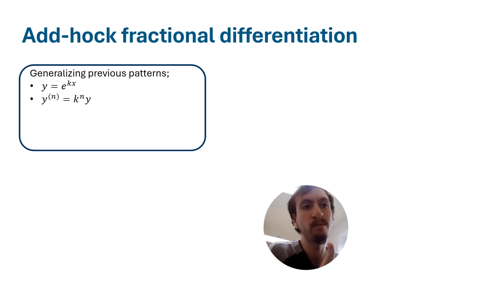So if we have a function like e to the kx, then the nth derivative of y, which I've notated as y with a superscript n in brackets, would be k to the n times y. And this is just using a mixture of the chain rule and the definition of the exponential function.